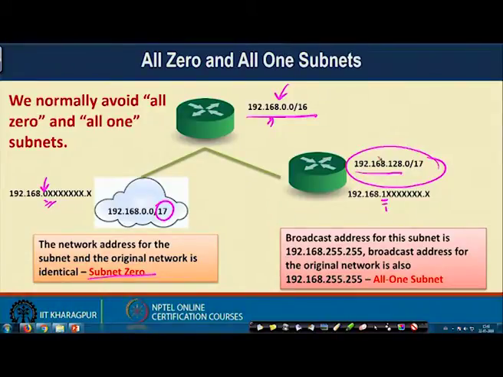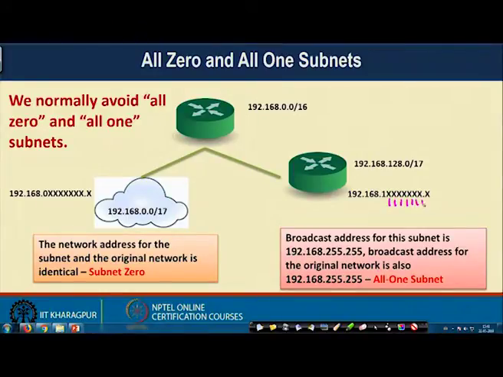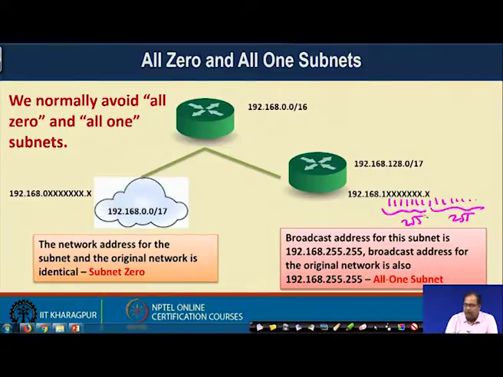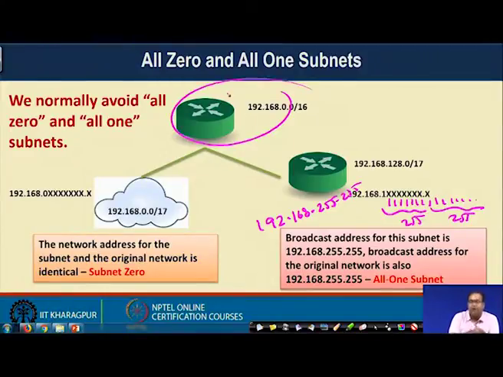The broadcast IP for this subnet will be equal to all ones in the host bits. So, this is equal to 255, this is equal to 255. So, the broadcast IP for this subnet is 192.168.255.255. Now, what is the broadcast IP for the original network?